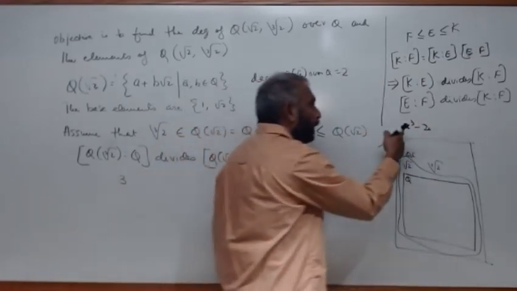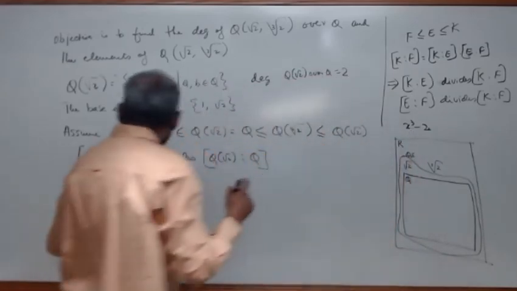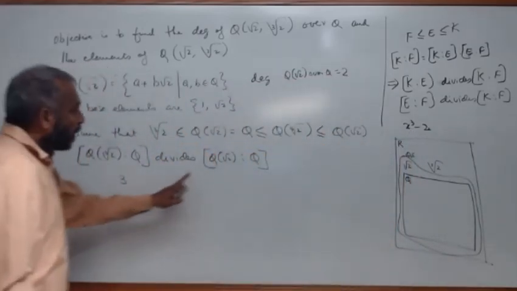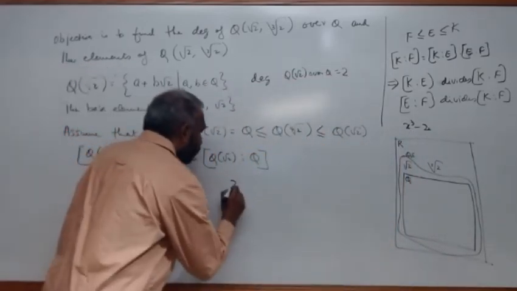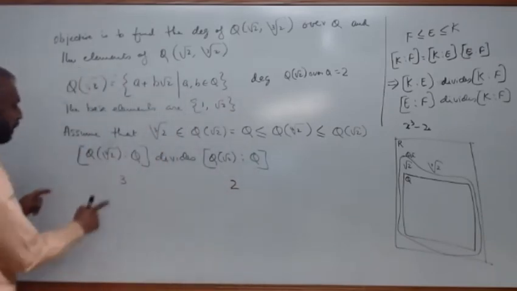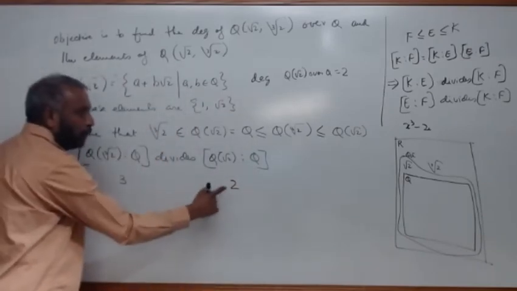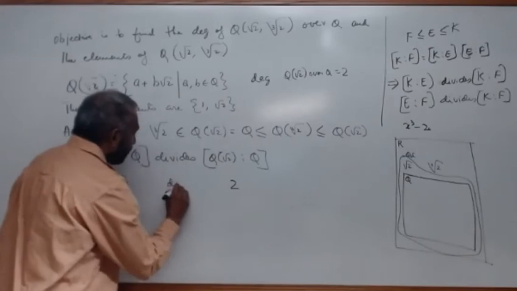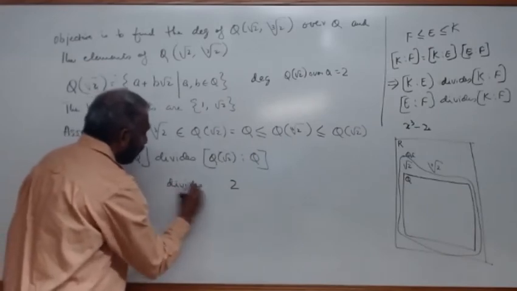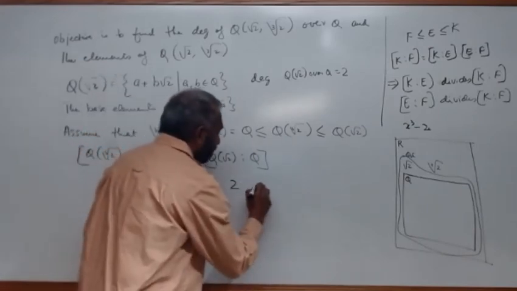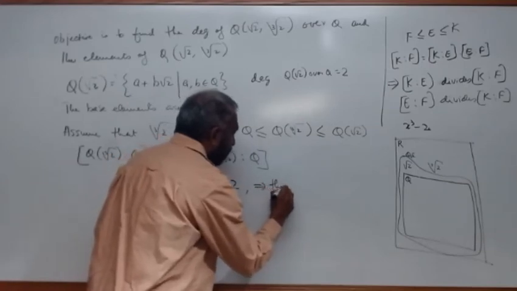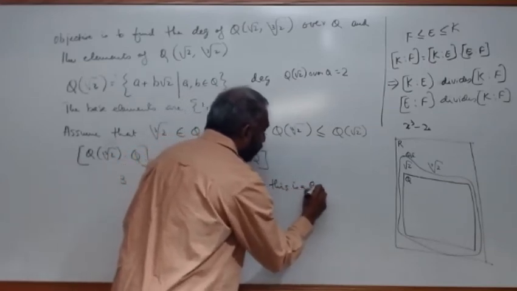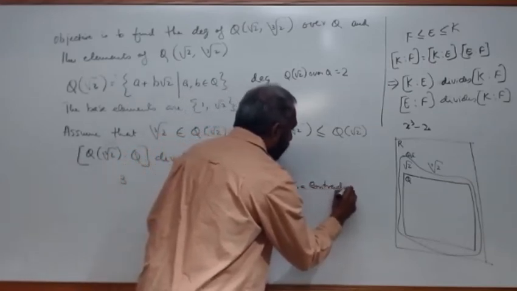The degree of this polynomial is 3. And what is the degree of this? 2. So that means 3 divides 2, which is a contradiction. This is a contradiction.